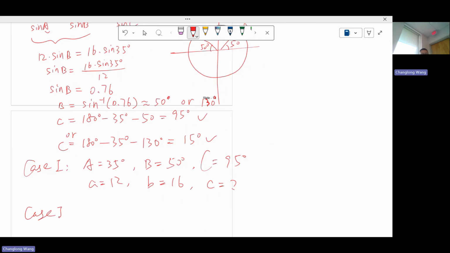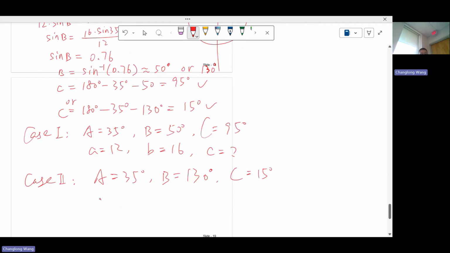Now, the second case: you have A to be 35, B is 130, and C is 15, and you still have little a be 12.